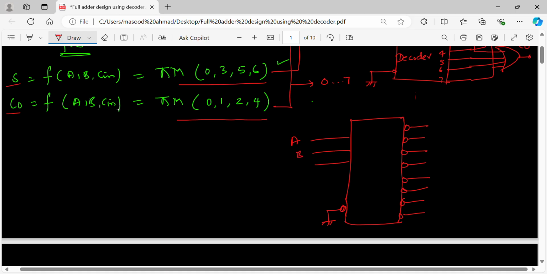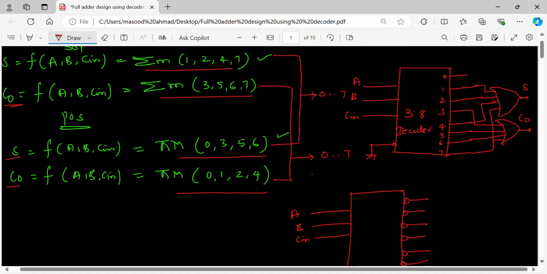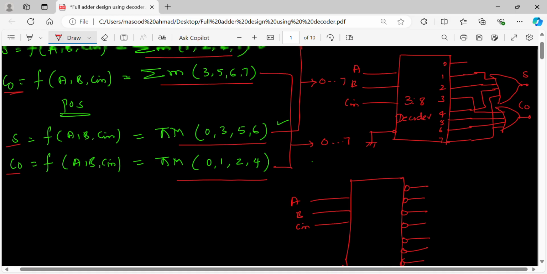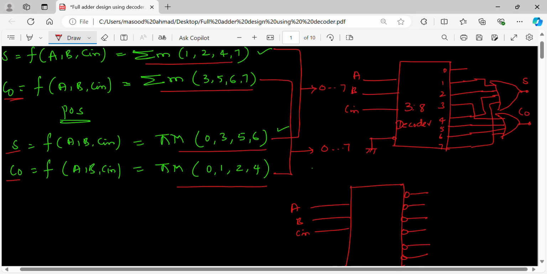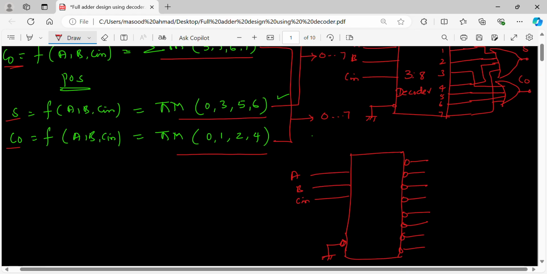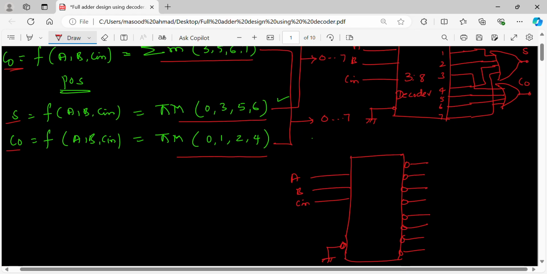Now, since the outputs are active low, I can connect 0, 1, 2, 3, 4, 5, 6, 7 as per my requirements.